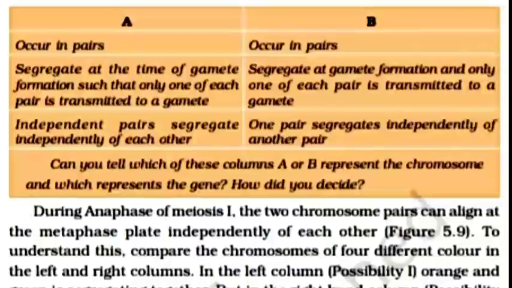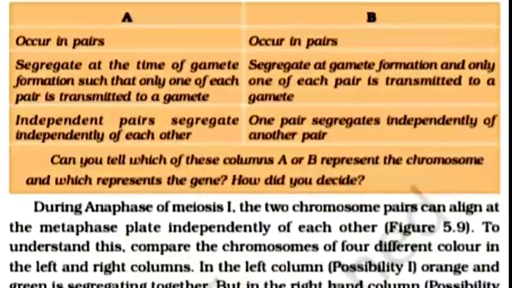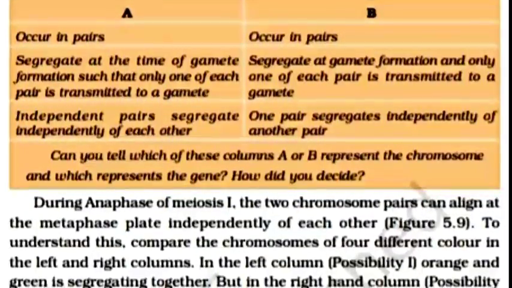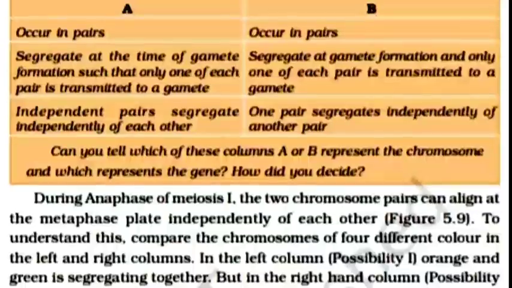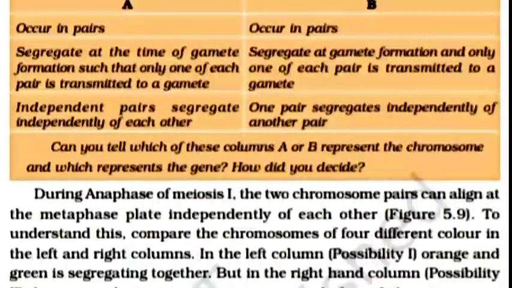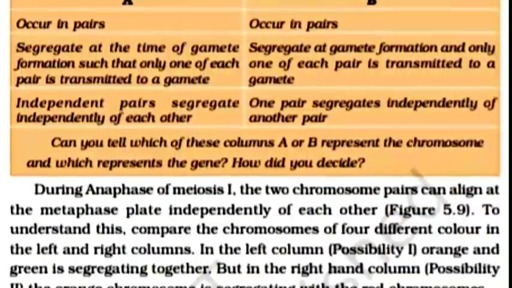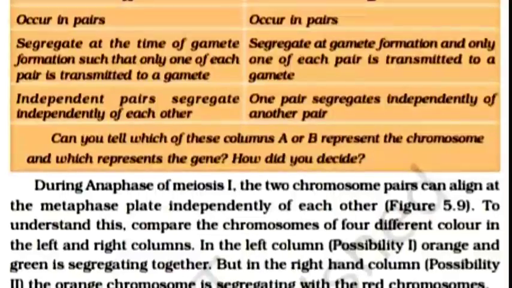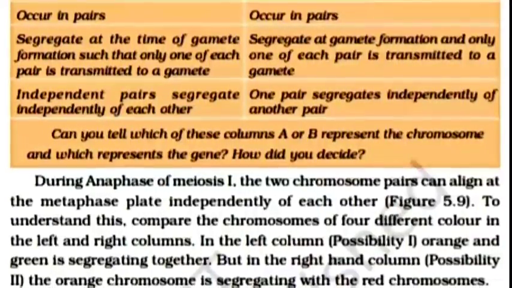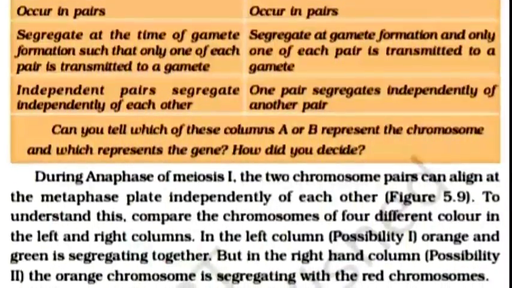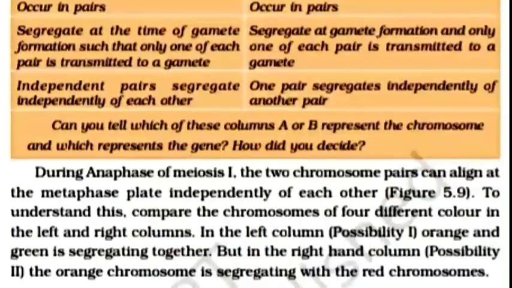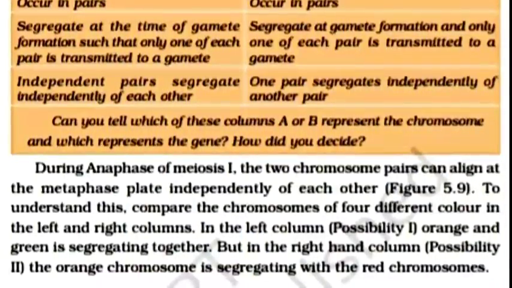A: independent pairs segregate independently of each other. B: one pair segregates independently of another pair. Can you tell which of these columns, A or B, represents the chromosome and which represents the gene? How did you decide?